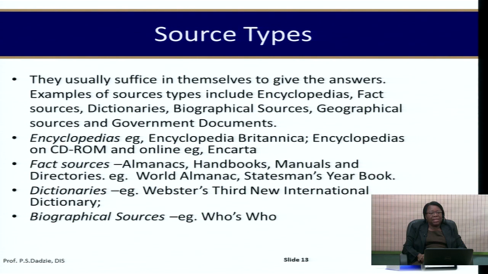So these are fact sources. The third type, of course, I've mentioned, dictionaries. So I've given you an example of a dictionary. The fourth type of source type we call biographical sources. I believe you know biographies describe the importance of famous people.